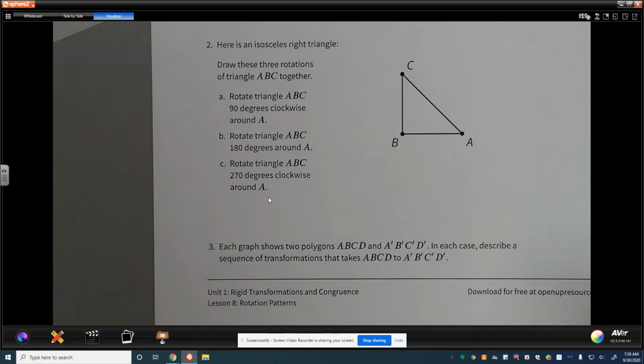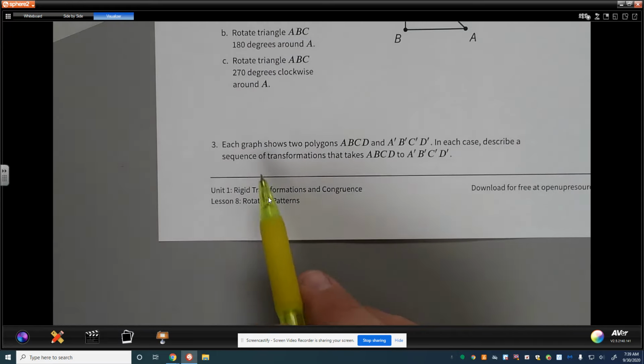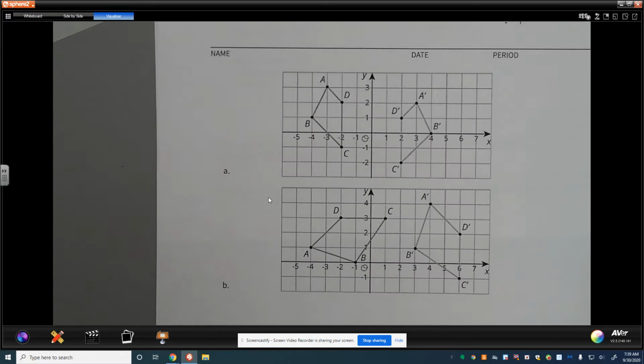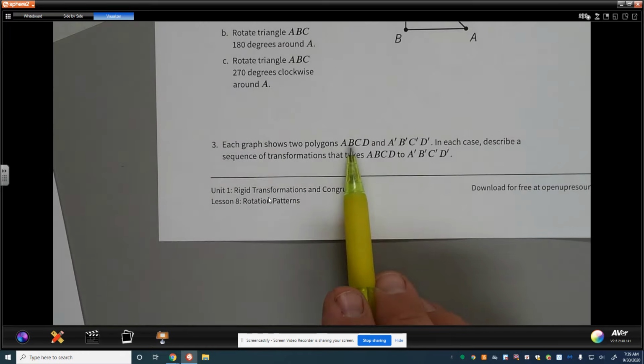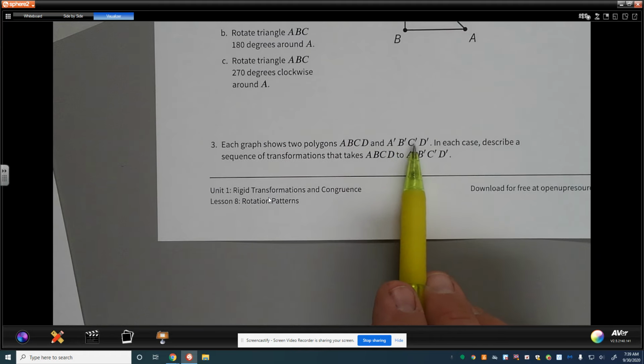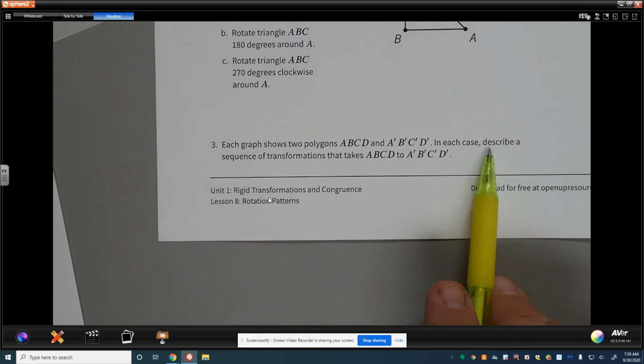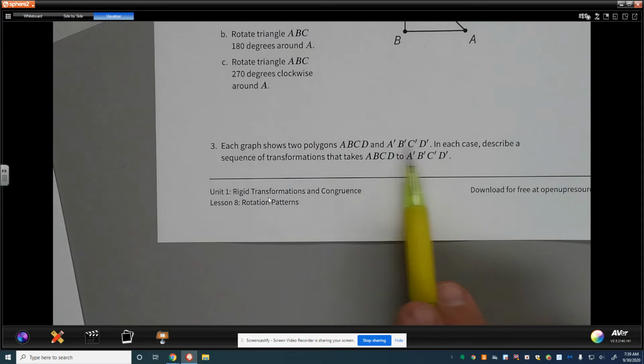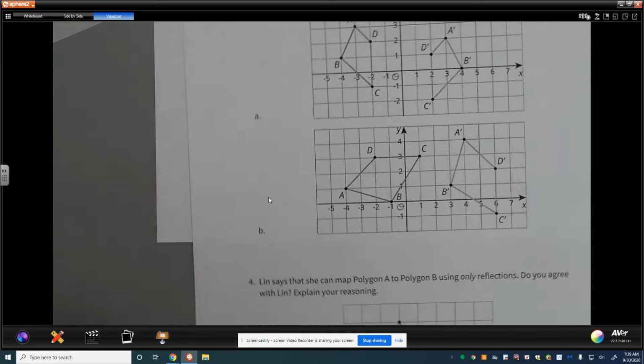Problem number 3 talks about each graph showing two polygons. This graph is the one that we're talking about right here on my next page. Polygon A, B, C, D, and A prime, B prime, C prime, D prime in each case. Describe a sequence of transformations that takes the original to the copy.